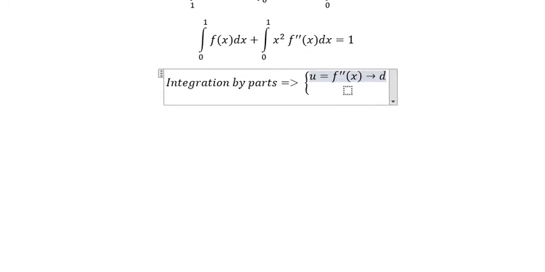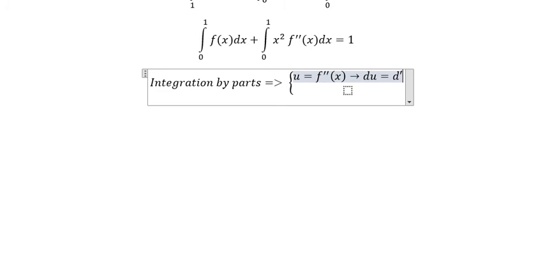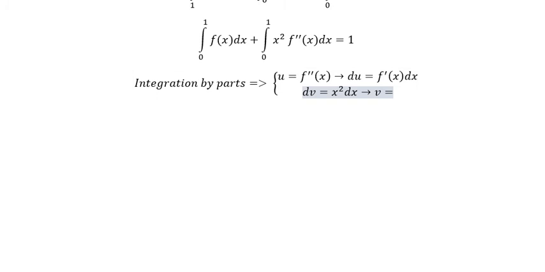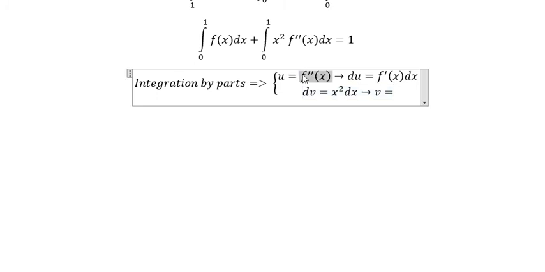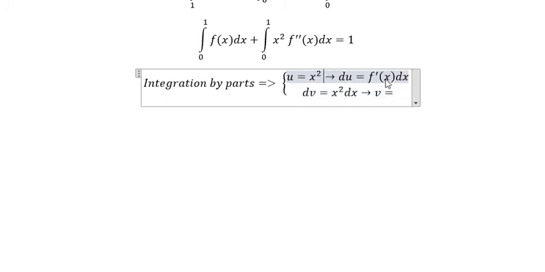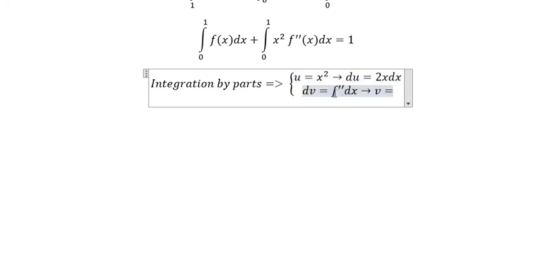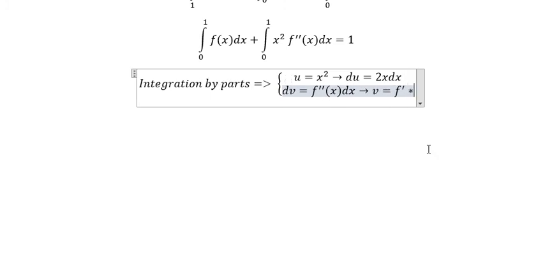So in this situation we get du equal to first derivative of f of s ds. dv we get s squared ds, so we get v equals to, oh sorry, I did it the wrong way. We put dv equal to 2s ds, so v should be s squared. So we need to reduce the derivative here, so in this situation you get first derivative of f of s.